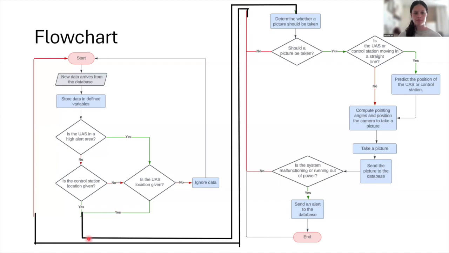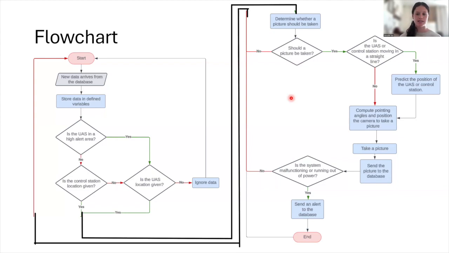So once we've determined the information that we've been given, we'll move on to here, where we're determining whether a picture should be taken. So this block of code right here is concerned with 2 factors. The first factor is: is the UAS or control station close enough to the camera to take a quality picture?